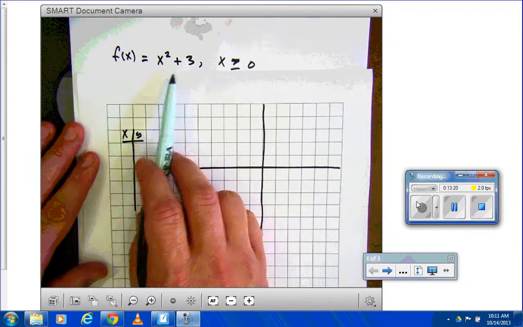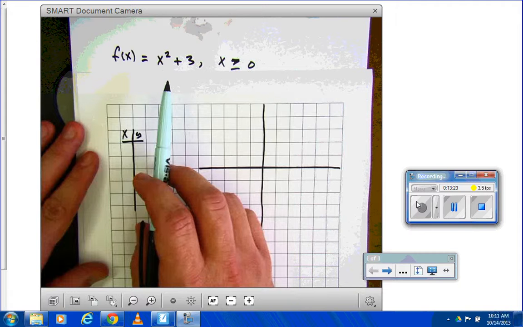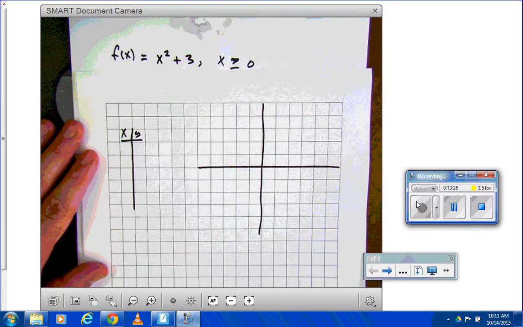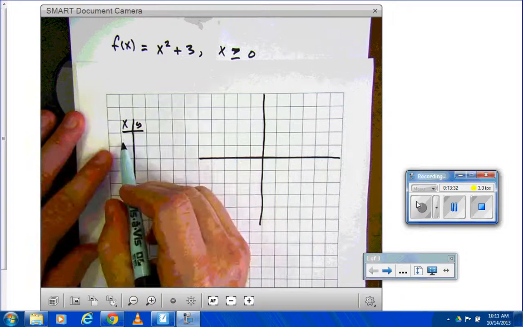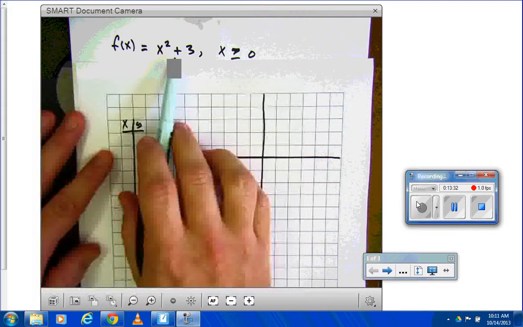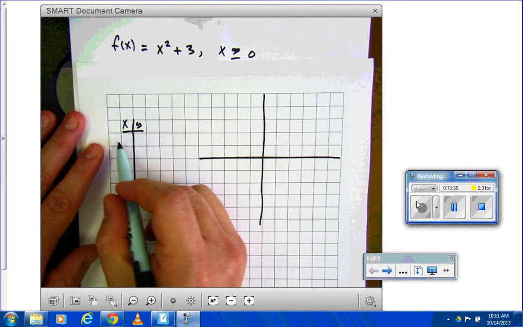Okay, so we've been graphing a little bit lately. When I say a little bit, that's like all we've been doing. You only had like 1,500 problems to graph Wednesday and Thursday, so this ought to be easy because all this one's going to do is just shift it up 3. The negative 2 to positive 2.